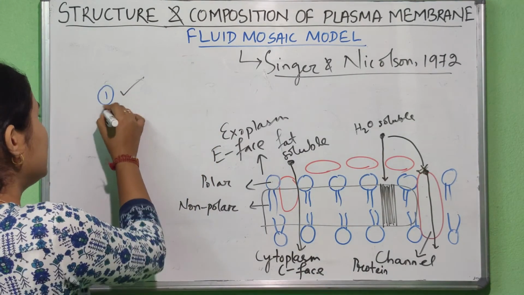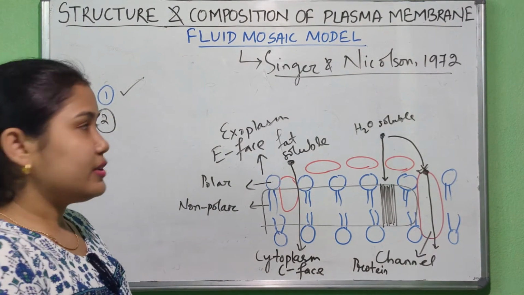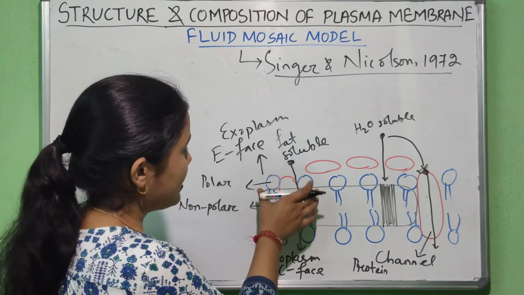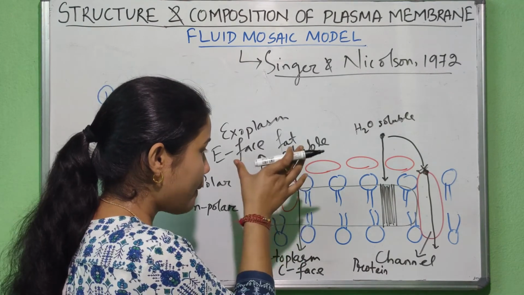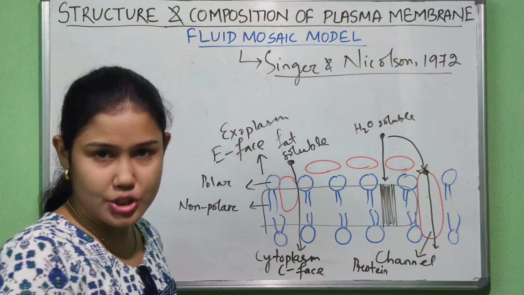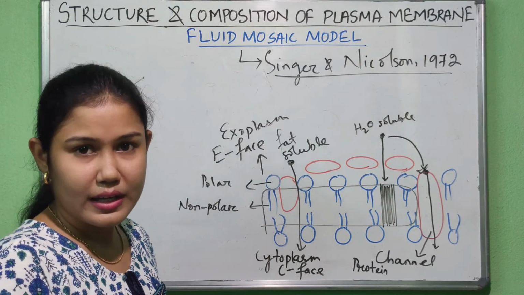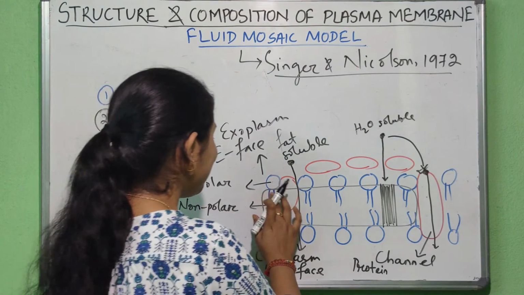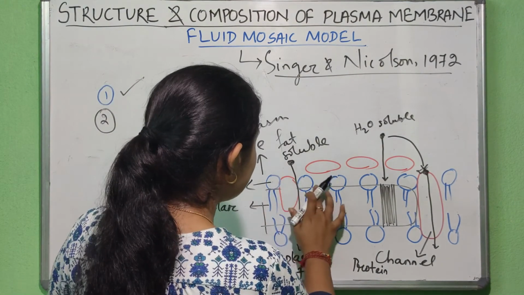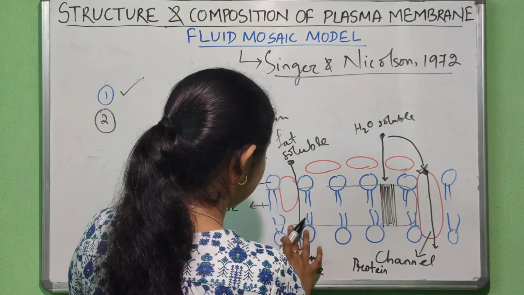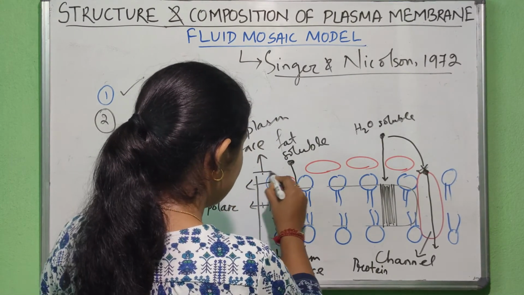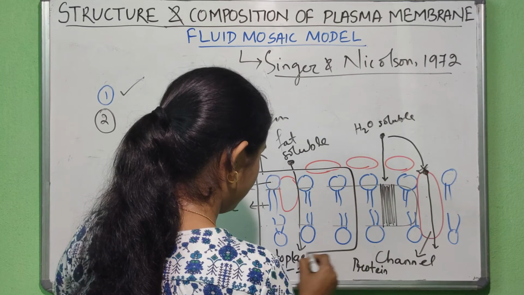Now, come to the second property of the plasma membrane. It is said that the protein to lipid ratio is variable in the plasma membrane. Okay. So, the protein, consider this structure. Here, let us take this much structure.